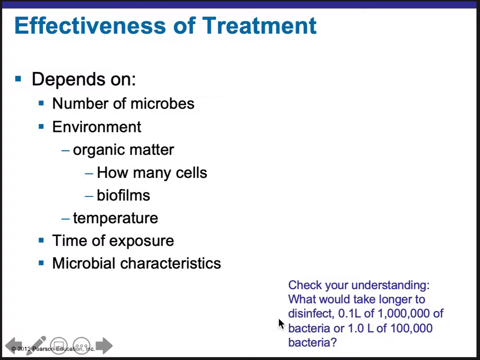A 0.1 liter solution that contains 1 million bacterial cells, or a whole liter solution that contains 100,000 bacterial cells. Which do you think would take longer to reach full, let's say full, we shouldn't really use the word disinfection, I guess. Let's use the word for full sterilization, to kill them all, okay?